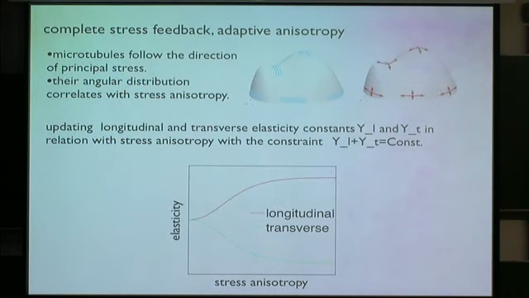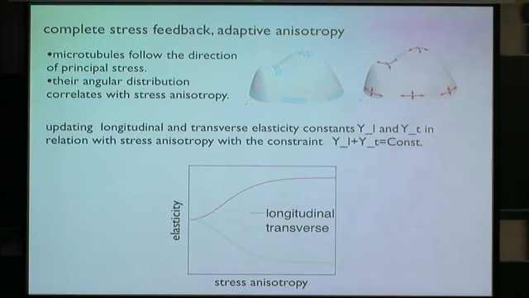We moved on and added adaptive anisotropy to the system so that the elasticity of two directions of the material can adapt to the stress anisotropy. Then the total amount of this elasticity is constant all the time.